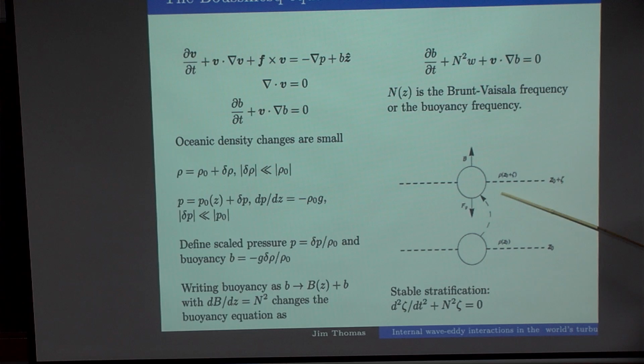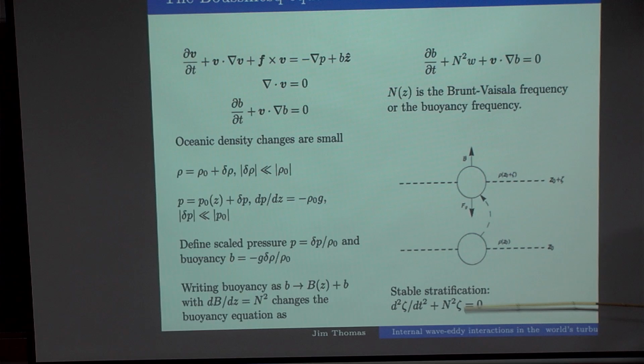So density is higher here, lower here. When I push it here, this fluid element is in an environment where density is lower, so it gets pushed back down. And similarly, if I take this fluid element and I push it down, now this is in a background where the density is higher than its own density, so it gets pushed up. So it executes a simple harmonic motion.